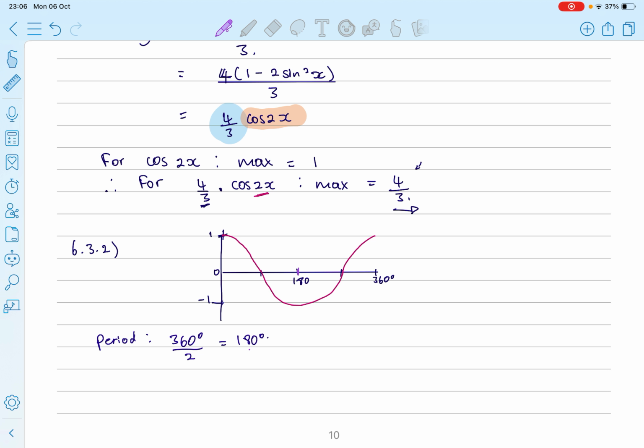That means the minimum is now here, and the maximums are now here and here. And our amplitude has changed, meaning I now need to extend this to 1.333 somewhere there. So it actually now looks something more like that.